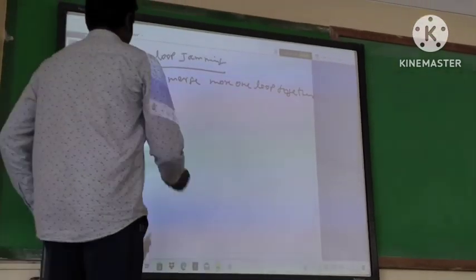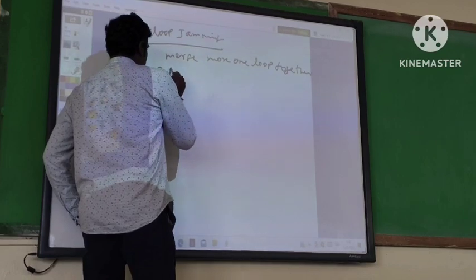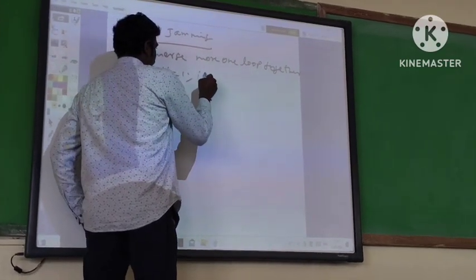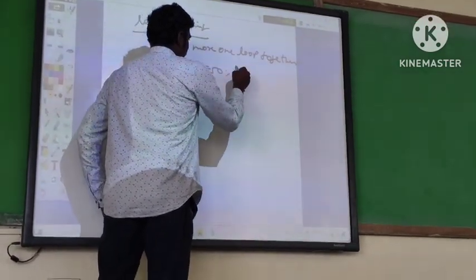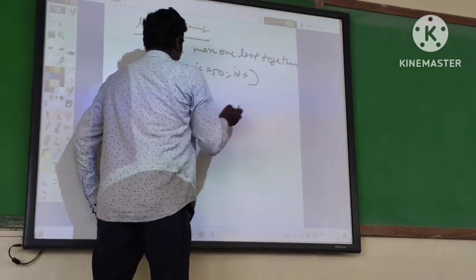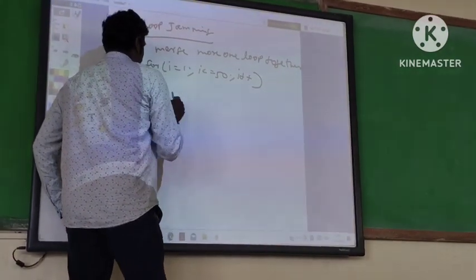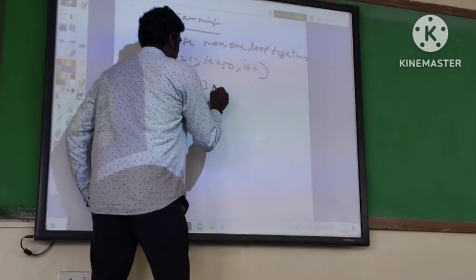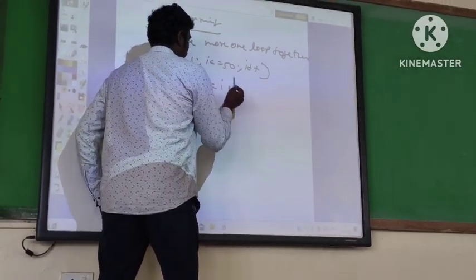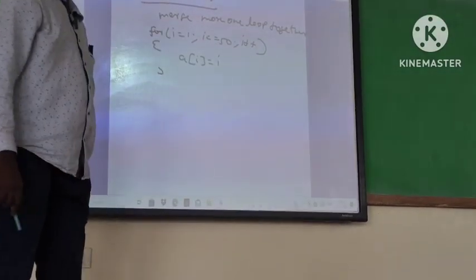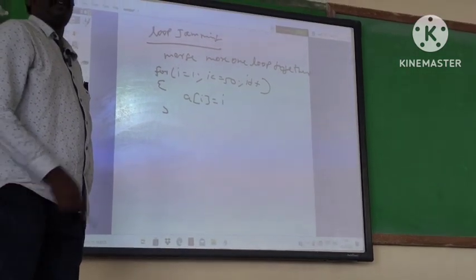Okay. So what you have to do is, say for example, I make a for loop here. For I is equal to 1, I less than or equal to 50, I plus plus. Okay. Now I make A of I is equal to I. Okay.